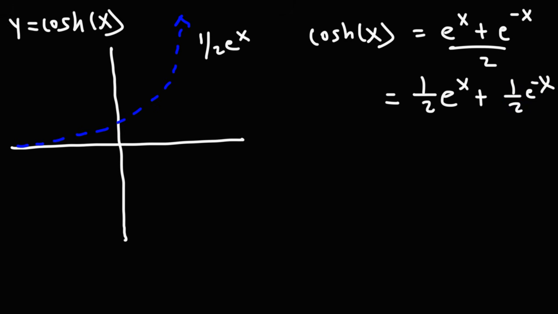So it's only going to reflect over the y-axis, not the x-axis. So that's positive 1/2 e to negative x.